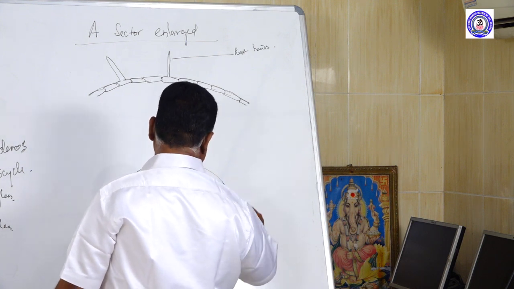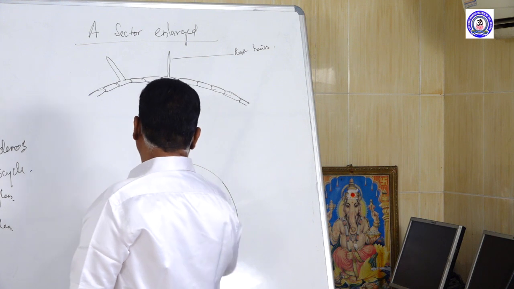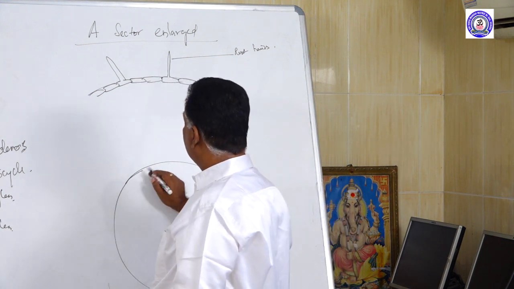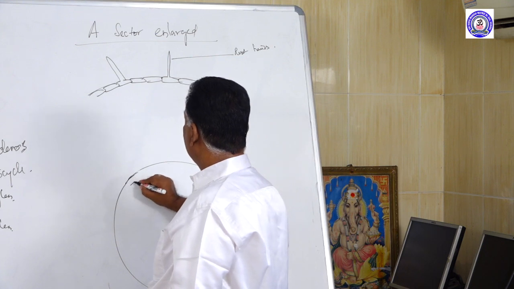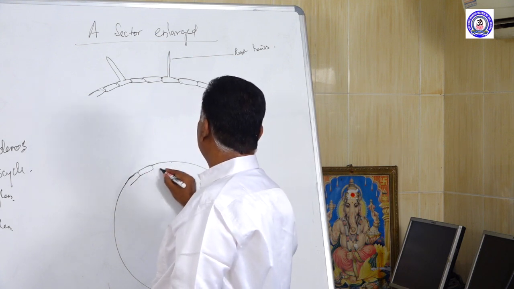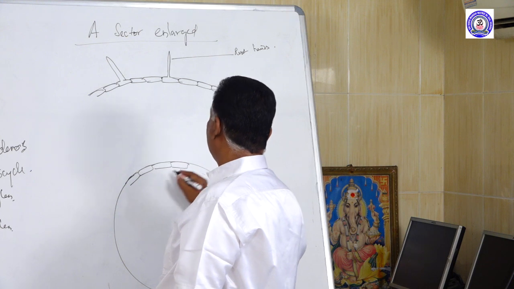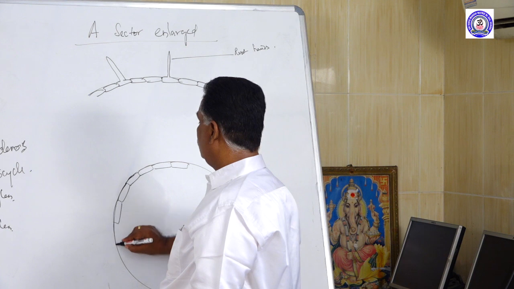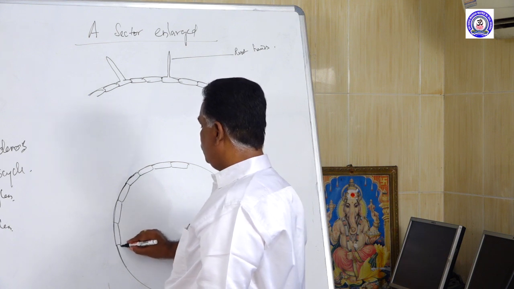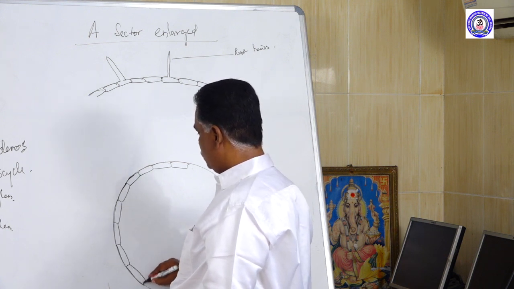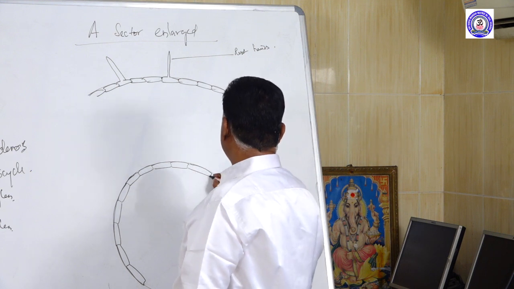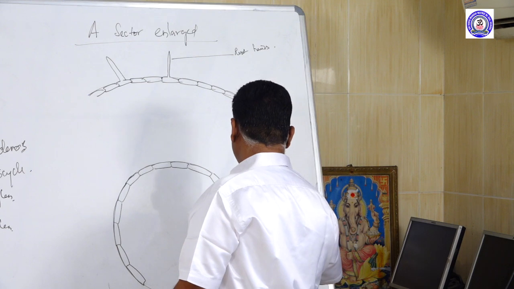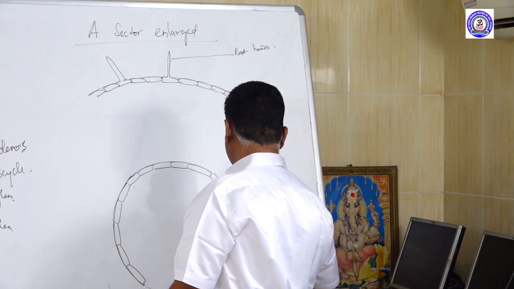So this is endodermis, a single layer of parenchymal cells.